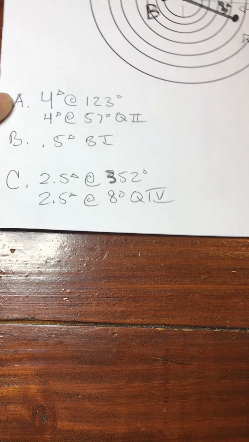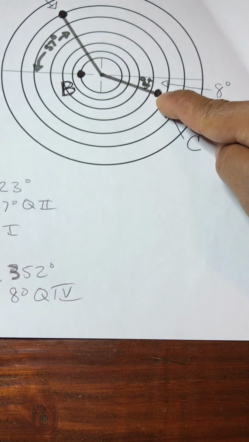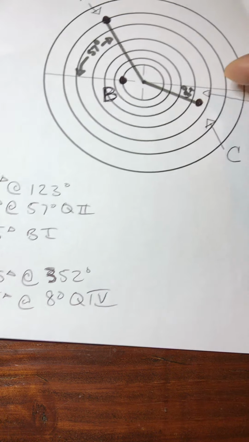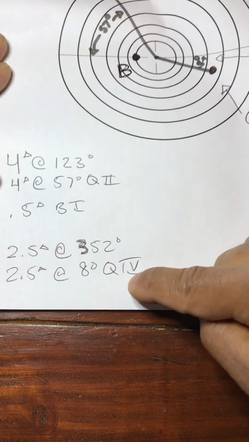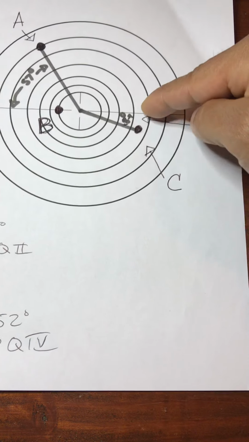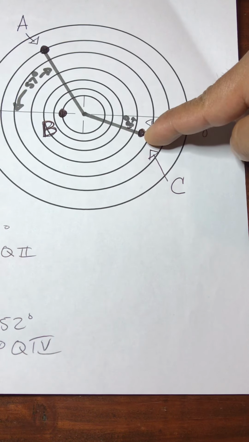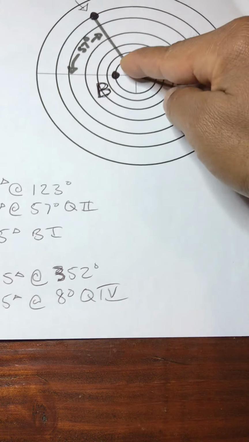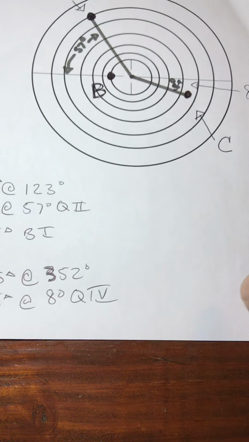And then C is 2.5. You could have said either at 8 degrees, quadrant 4, or you could have said 360 degrees minus 8 is 352. So 2.5 at 352.